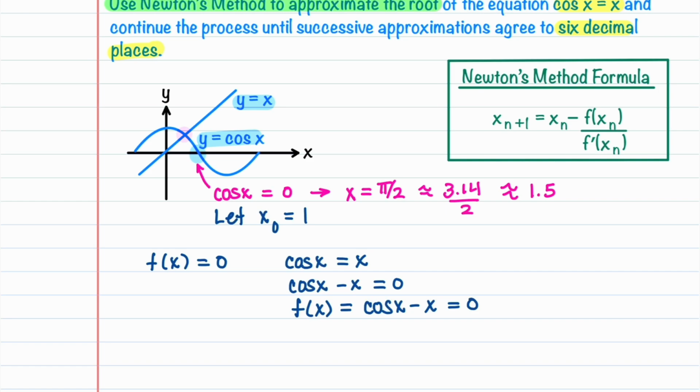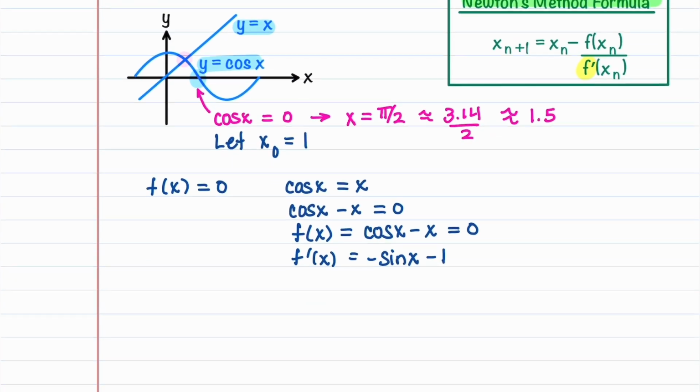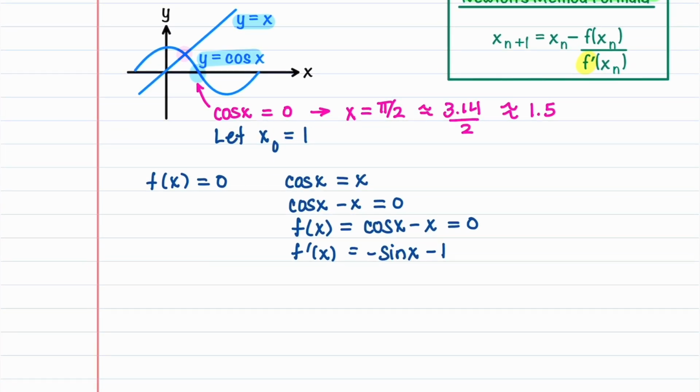Just to make things easier, I went ahead up here on the right and put down our formula for Newton's method. Notice in the formula that there is an f prime. So let's go ahead and find f prime. F prime of x is equal to minus sine x minus 1. We can now write down the formula for x sub n plus 1.